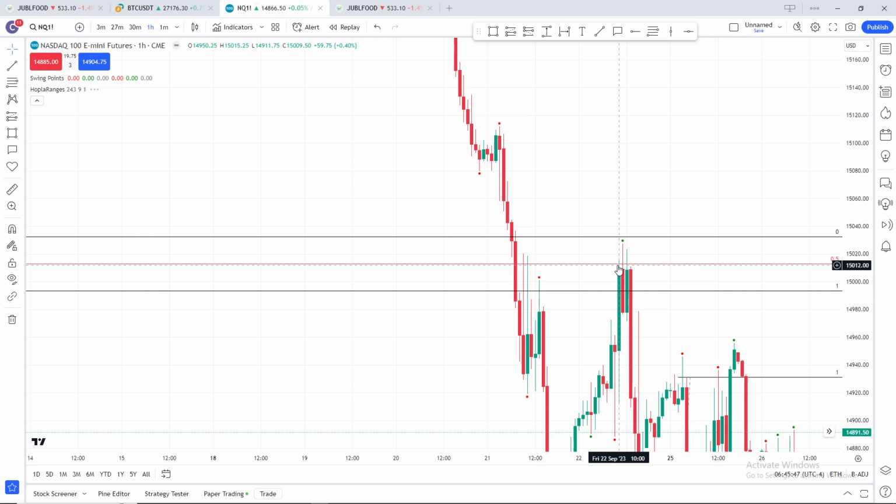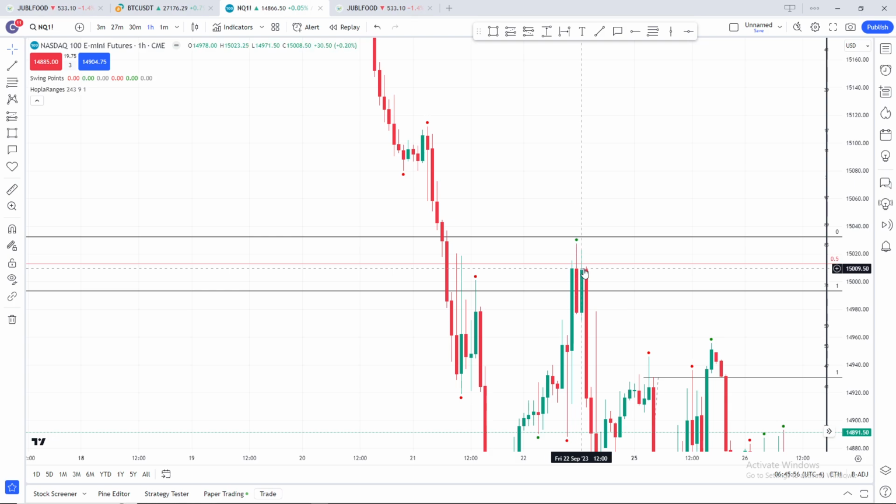Now look here, where does the price reject off of? It's right at 50%. You can see almost three candles consolidated right at the mean threshold of the order block, and then fell.